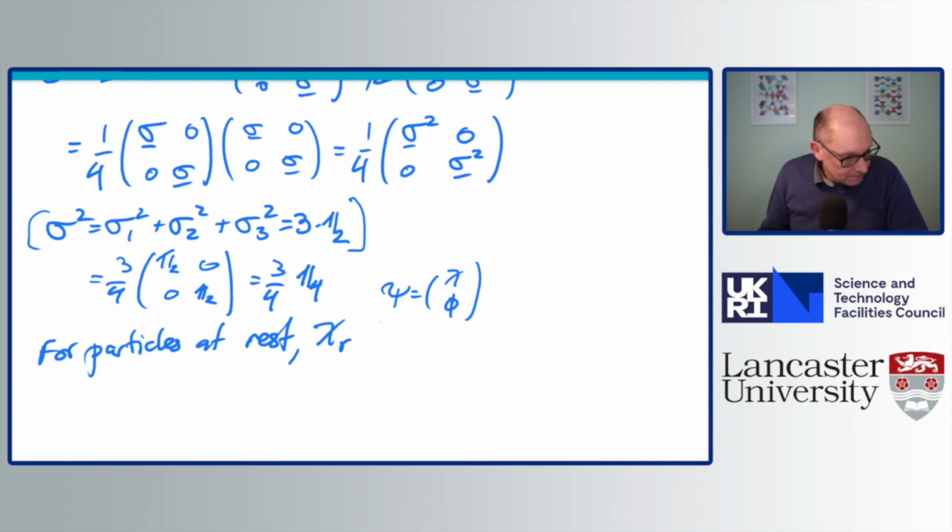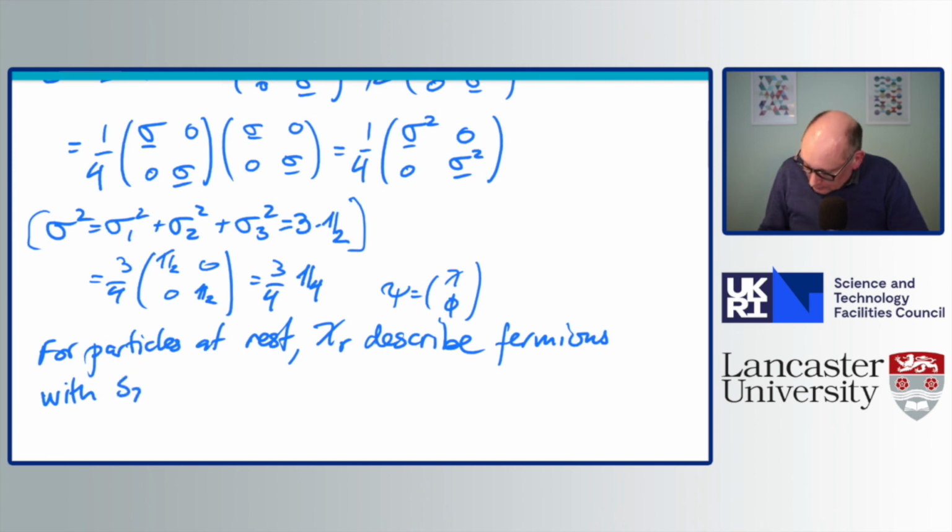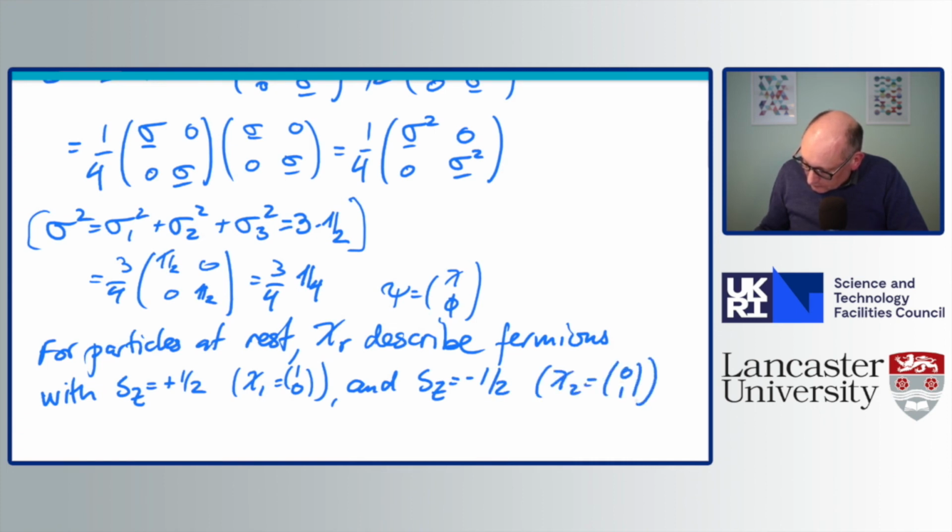They describe fermions with S z equal to plus a half, psi 1 equal to 1, 0, and S z equal to minus a half, which is psi 2 equal to 0, 1, respectively.